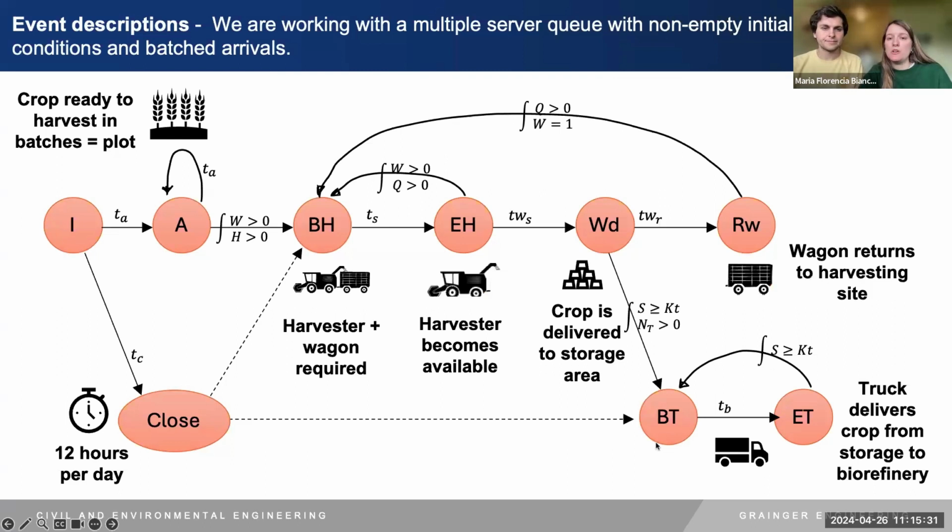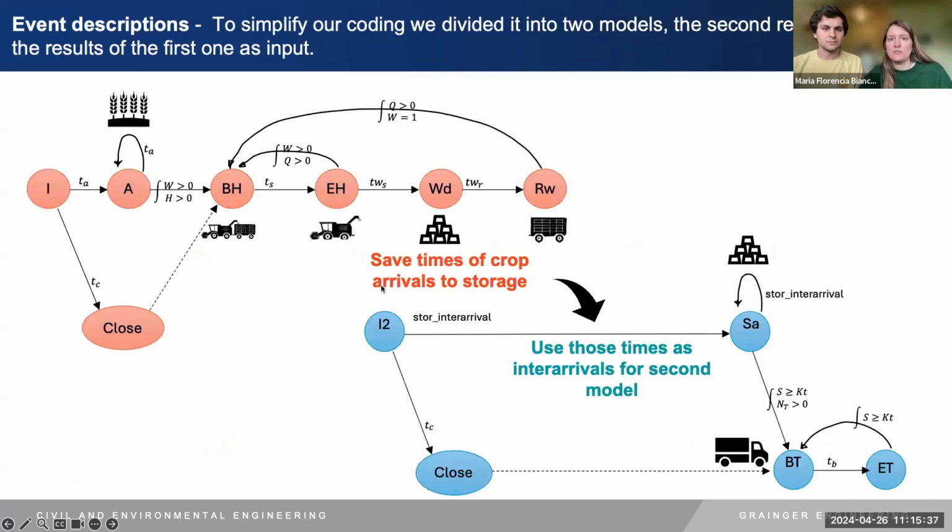This is the complete model, but for simplicity of coding, we decoupled it into 2 models. In the first model, we saved the times the crop arrived at the storage area, and we used that information to drive the arrivals in the second model, but functionally they are the same.